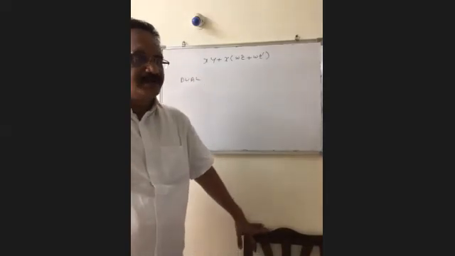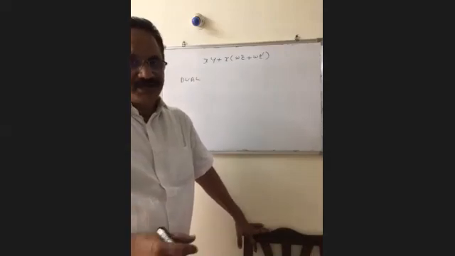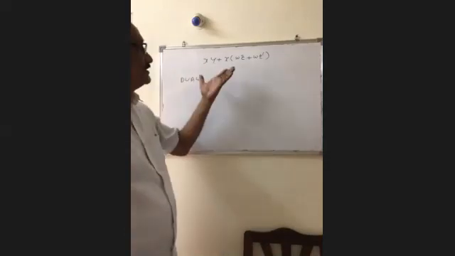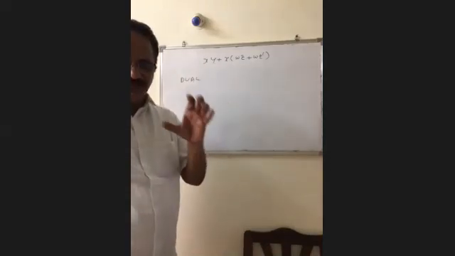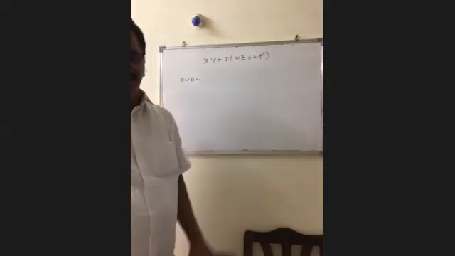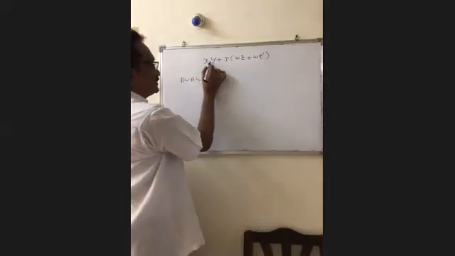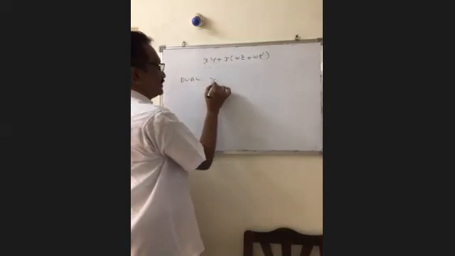How can it be obtained? By interchanging AND and OR operations and interchanging zeros and ones. In the given expression there are no zeros and ones, so simply interchange AND and OR operations. Here there is an AND operation, so convert it into OR: x plus y.